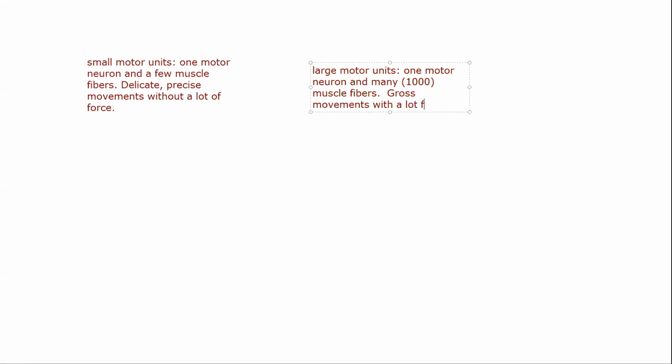Okay, and then large motor units: one motor neuron and many, maybe even 1,000 muscle fibers. We have gross, strong movements with a lot of force.